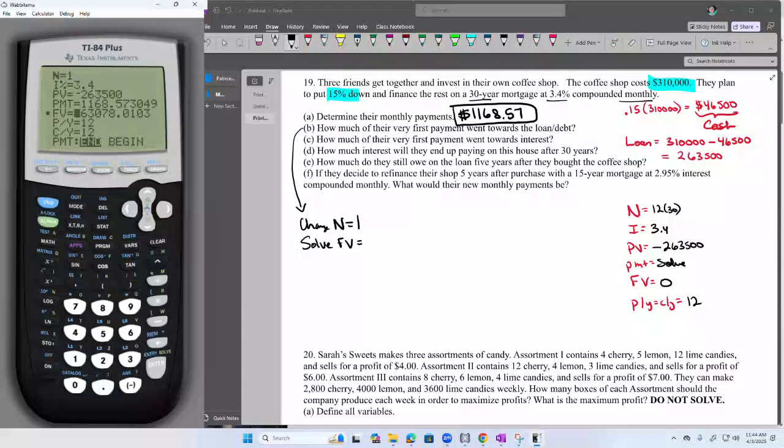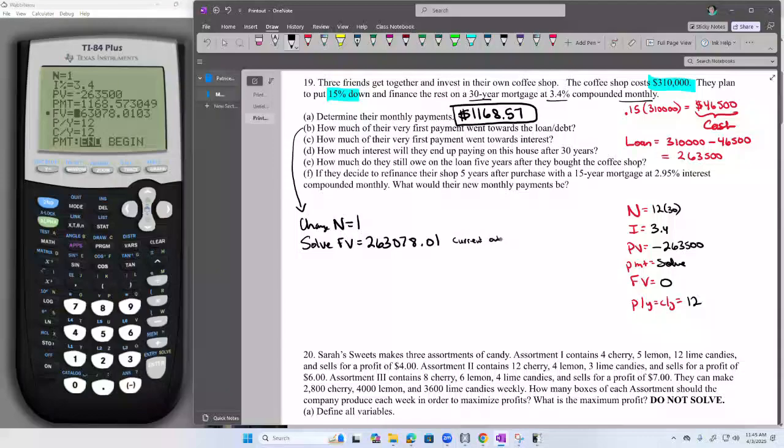And so they did owe what was in the present value there, but now they owe 263,078.01. Okay, so this is their current outstanding principal, how much they still owe. When you do this current outstanding principal, you change the N and then always solve for FV.